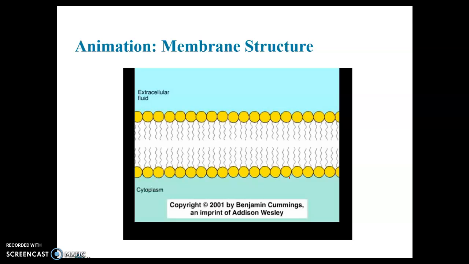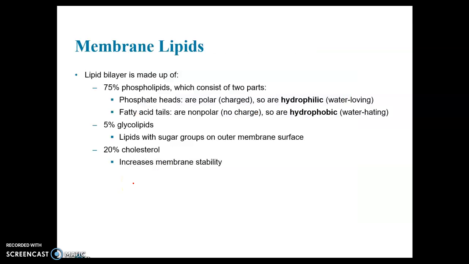Watch the animation. This goes along with slide number 14, the animation on membrane structure. You can see the phospholipid bilayer, but it's going to talk to you about the other components of the plasma membrane structure. All right, the lipids that compose the plasma membrane, 75% of those lipids are phospholipids, and a phospholipid has two parts. It has a phosphate head. Because the phosphate head is polar, it is also soluble in water, so we call it hydrophilic or water-loving.